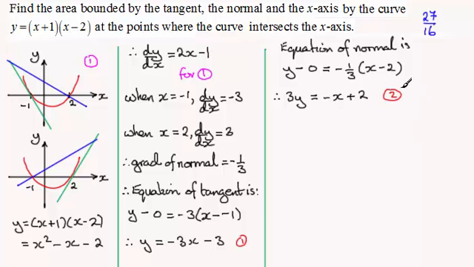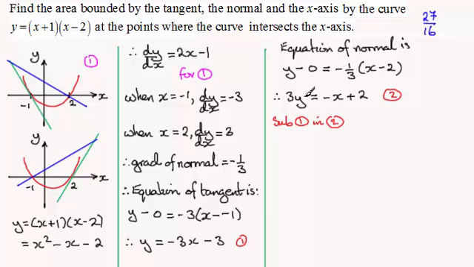And so we need to solve these two equations simultaneously then to get this point of intersection. So what I'm going to do is, let's say, substitute 1 directly into 2 because we've got y in terms of x here. Okay, so we'll just say sub 1 in equation 2. And what does that give me?